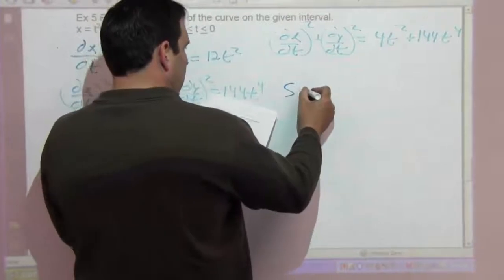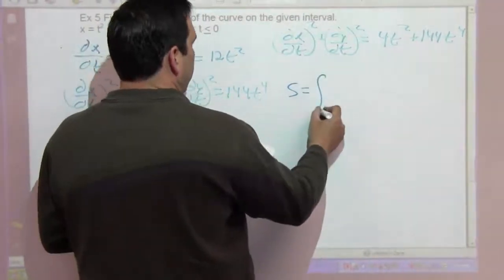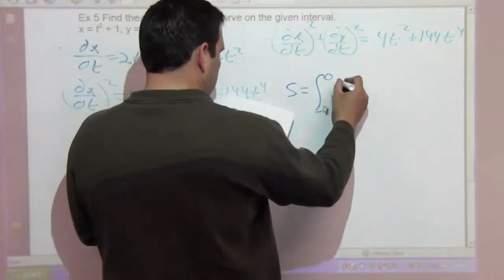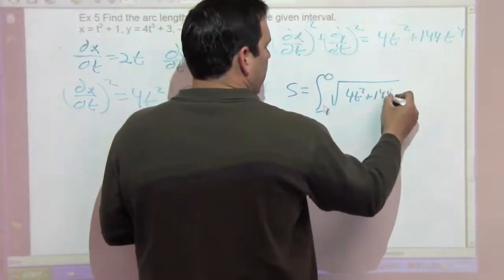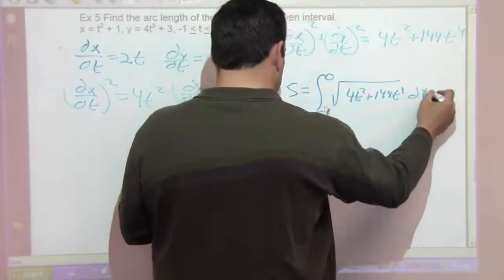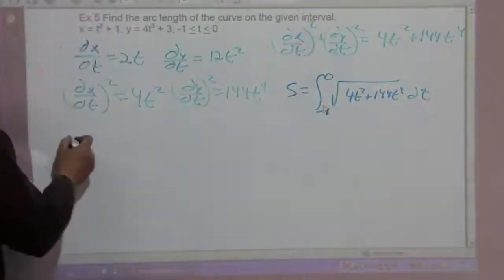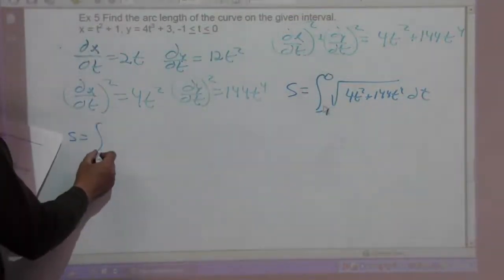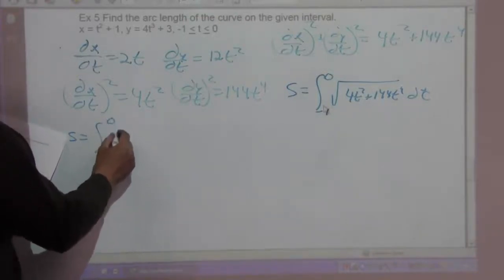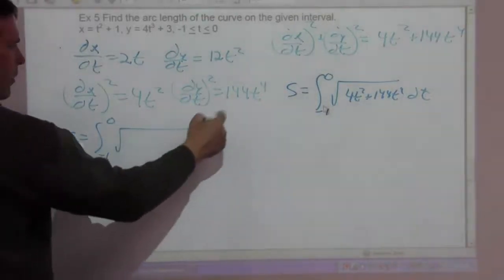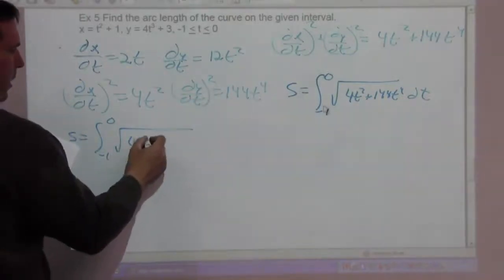Oh, that's better. So S, the arc length, is going to be from -1 to 0 of the square root of 4t squared plus 144t to the fourth dt. So S would be the integral from -1 to 0 of the square root of, you could factor a 4t squared out of that.